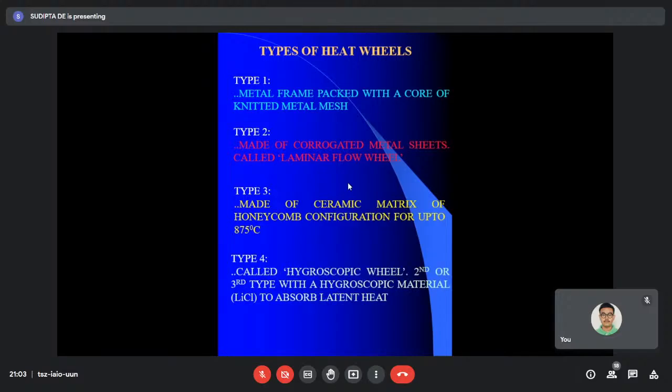These are called hygroscopic wheels. What is the hygroscopic wheel? Here we are adding one more dimension to this particular system. What is that dimension? Any hot flue gas that is used as the heat source generally contains some moisture inside it, moisture being carried with it. Because in any fossil fuel burning process, what will happen?